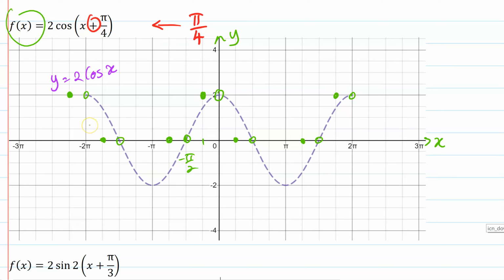You can see if I've been asked to sketch only between negative 2 pi and 2 pi, let's see how it's going to work. Okay, let's sketch as I would normally do for this whole thing. But what I have to make sure is, when it comes to consideration, the limit that I've been given for my graph, I need to consider that. Now I can't stop here. This is in fact going down, isn't it?